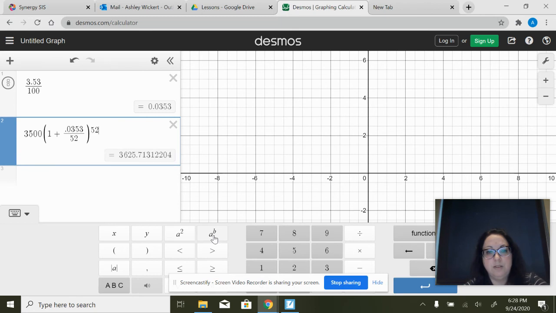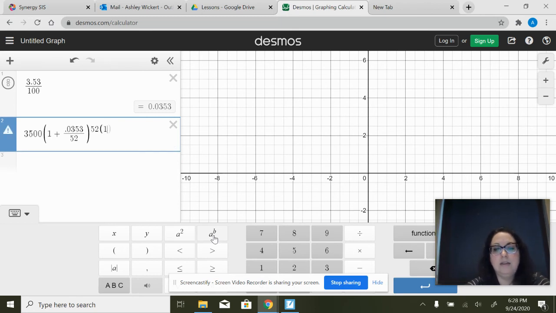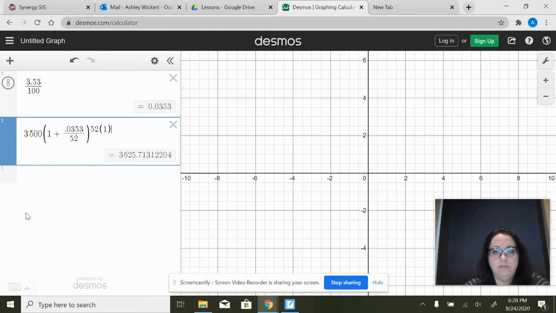So my N value was 52 and my T value in this case was a 1. Not that that really made a difference, okay? So this is the account balance at the end of 1 year.